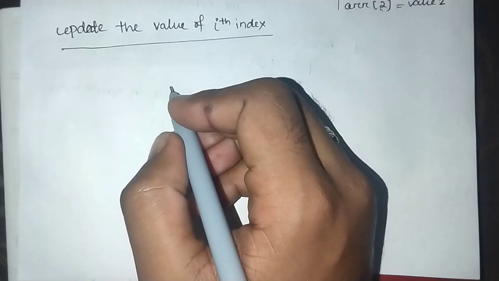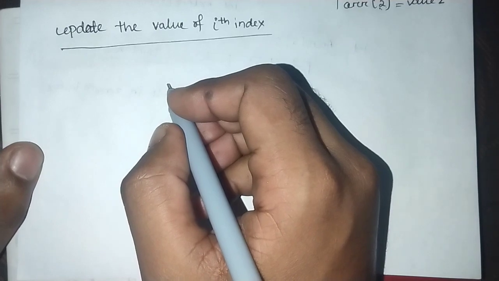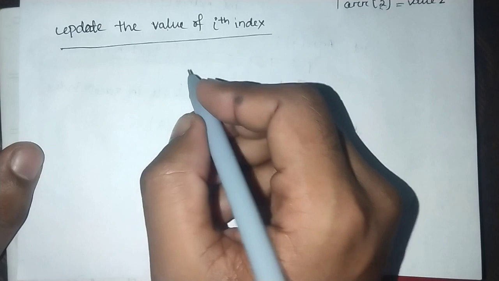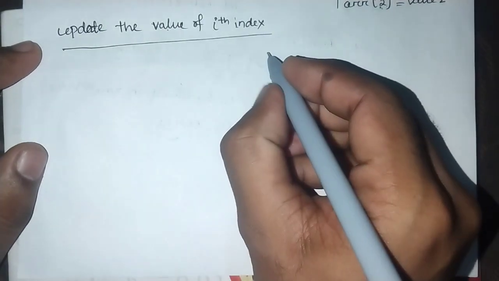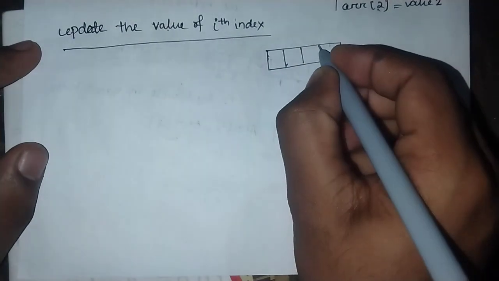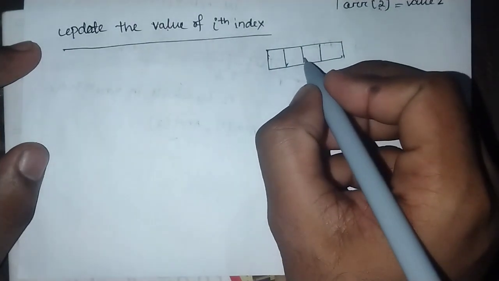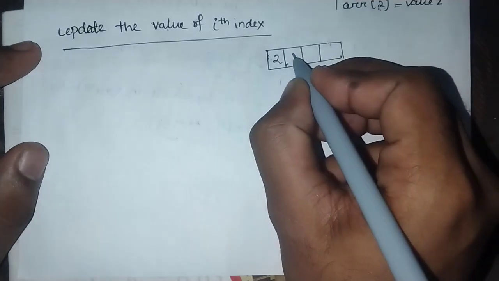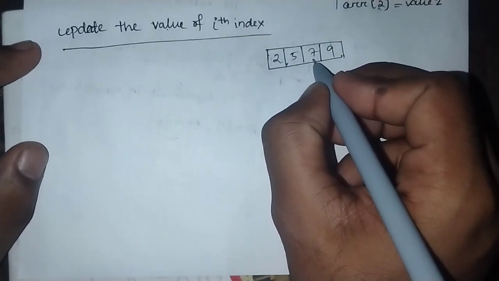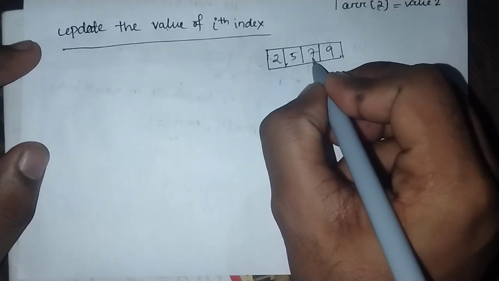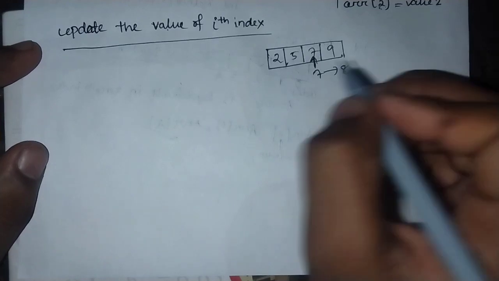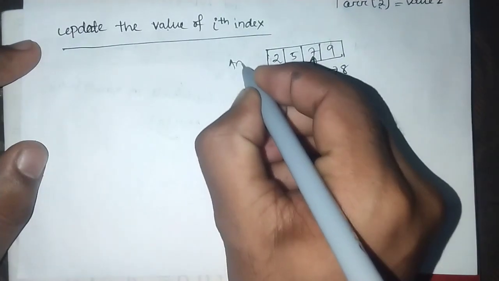Let's come to the next topic, that is updating the value of the ith index. Suppose in an array you have 2, 5, 7, 9, and you are asked to change the value of the element 7 to 8.